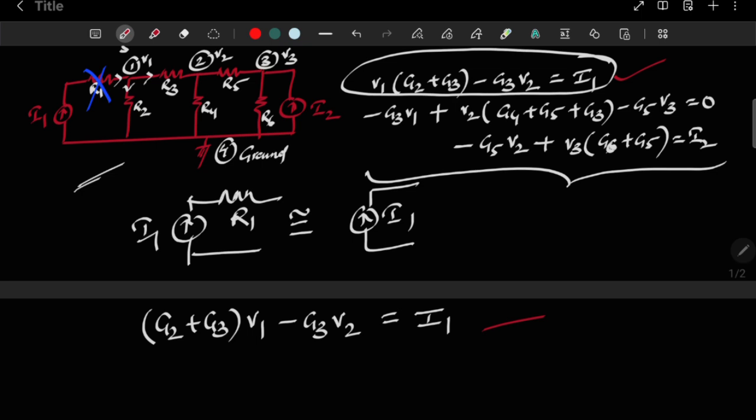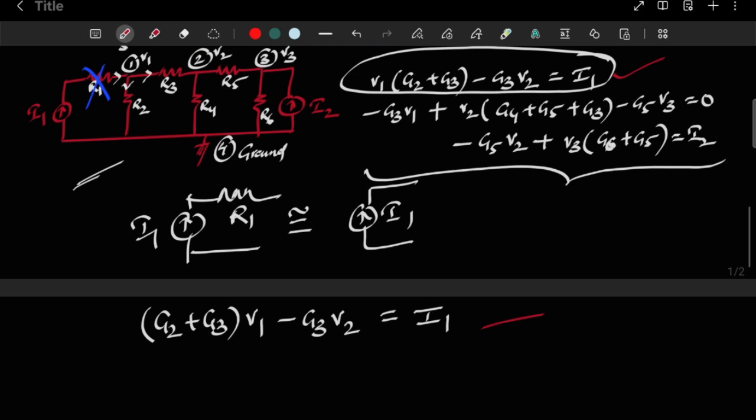Now you try to apply the same thing at node 2. Okay. So when you try to write the equation at node 2, first what do you need to observe? What are the conductances connected with the node? The conductances connected with node 2 are G3, G4 and G5. So first you write them: G3 plus G4 plus G5 connected with node 2, so that is directly V2.